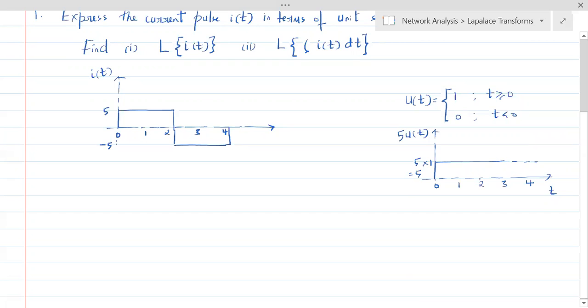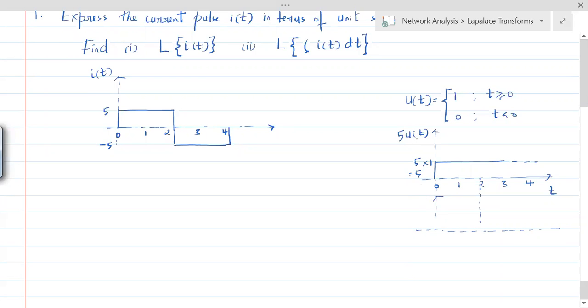Till here I want a signal of amplitude 5. So from here, suppose this is 5u of t, and this is some signal.